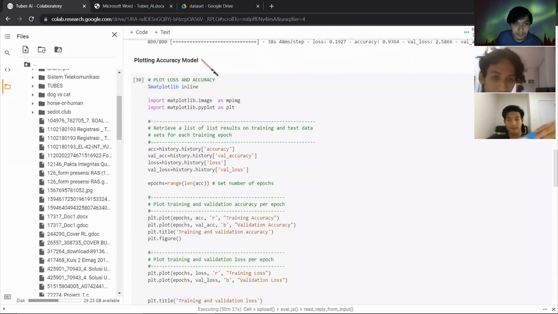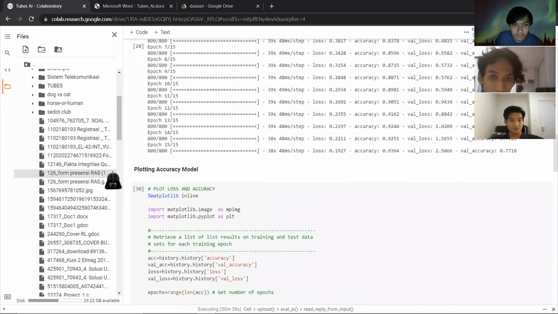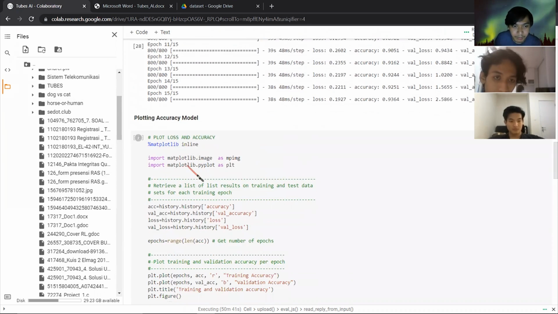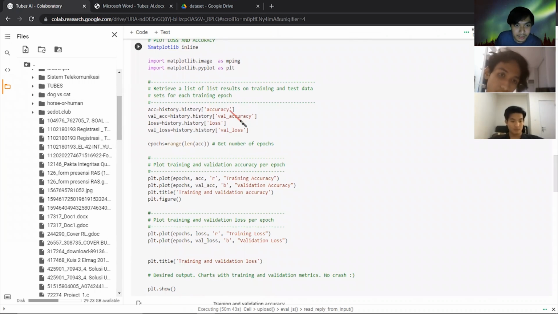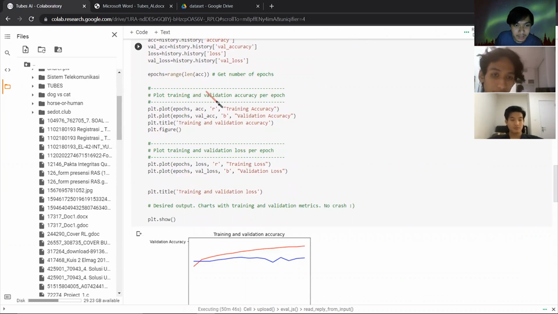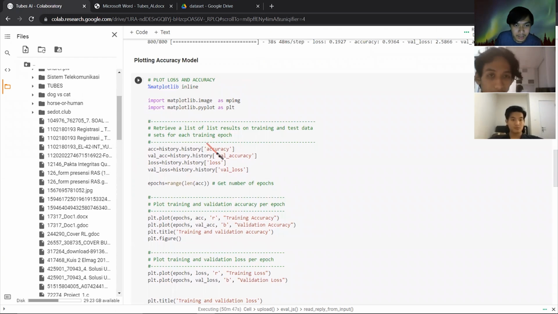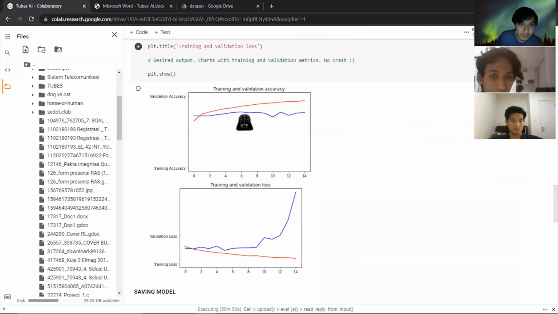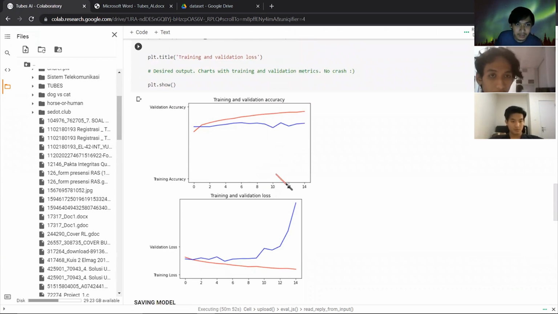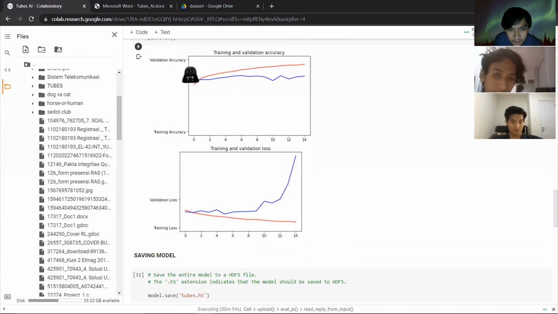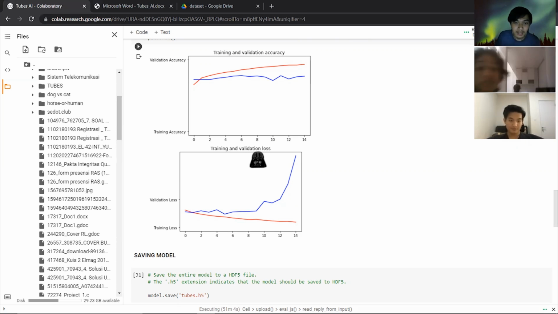And then this data will be plotted by the model in this code. We'll process that, and then this is the graph we get from the data. This is for the training and validation accuracy, and this is the training and validation loss.